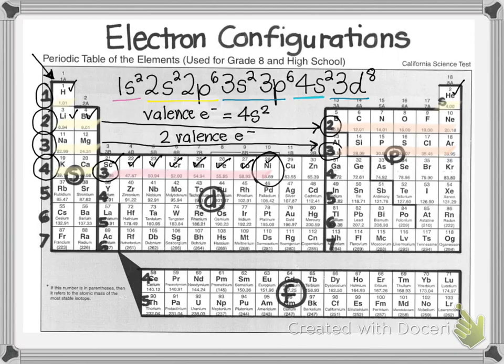The transition metals, the ones that are in the D sublevels, have a little wider range of things they can do, in part because they have 2 energy levels that are not complete. Like in this example, the fourth energy level is not complete, and the third energy level is not complete.